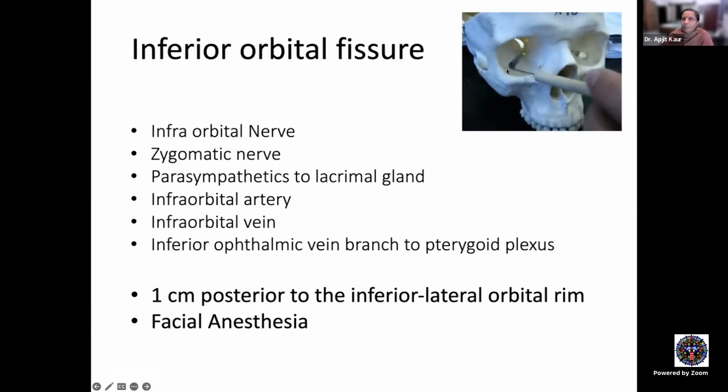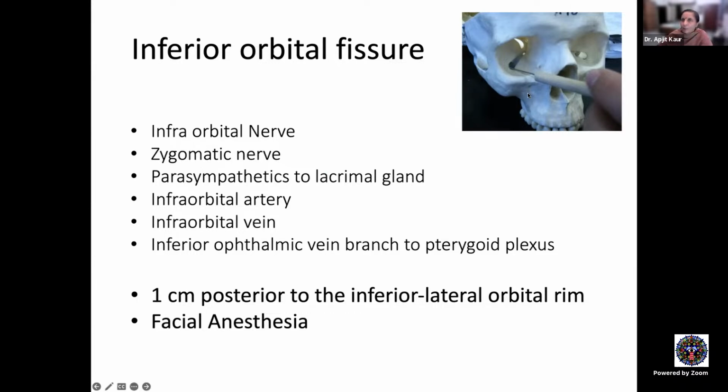Now let's come to this inferior orbital fissure. Again, there is a huge list which includes nerves, the parasympathetics, the artery, the vein, and the inferior ophthalmic vein branch to the pterygoid plexus. Means that here is a place through which the orbit connects with the pterygoid plexus. 1 centimeter posterior to the inferior lateral orbital rim, this area passes and comes out here, what I showed you in the previous slide as the infraorbital foramen.